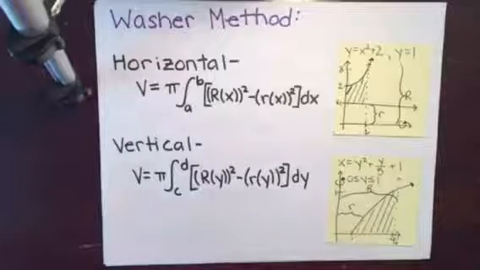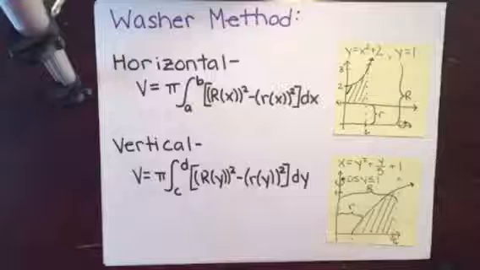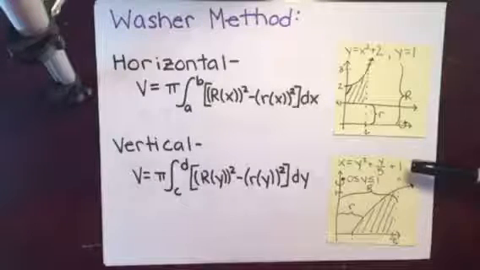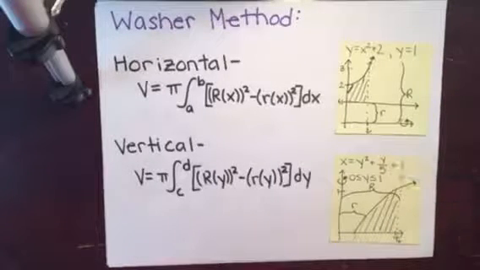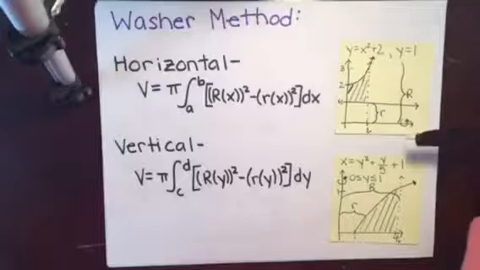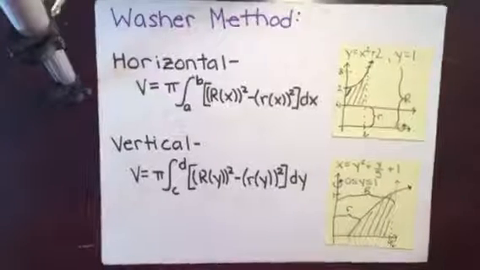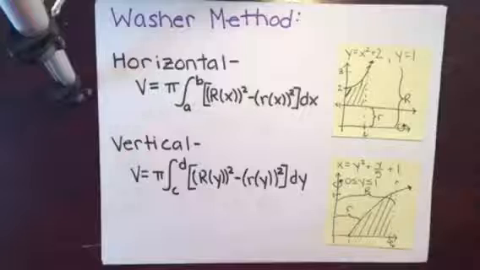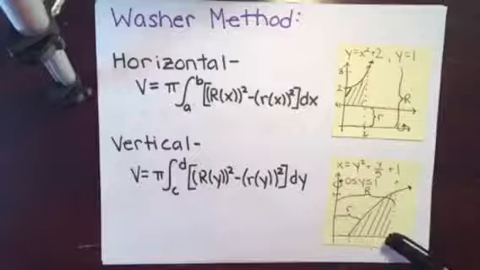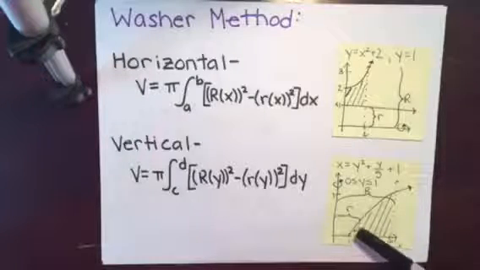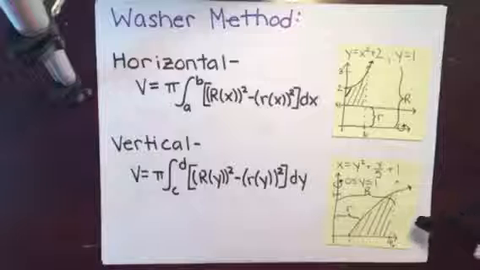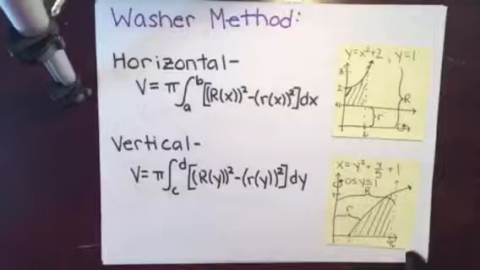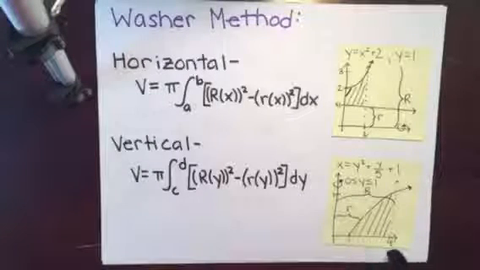And similarly, when you have a vertical axis of revolution, it's best to use washer method when you have your function written in terms of y, because just as x goes with x, you always want to pair y with y. So this function right here, y squared plus y over 5 plus 1, is bounded by 1 and 4.